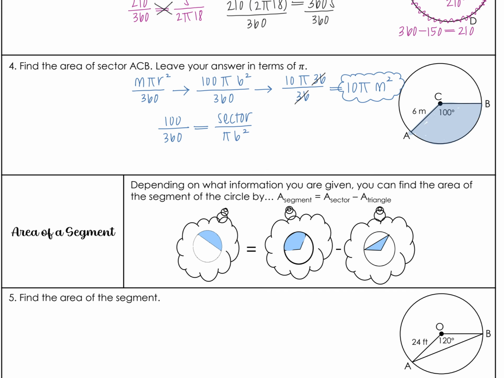Once again, I can cross multiply here, and I'm going to get that 100 pi 6 squared is going to be equal to my 360 times the sector area. Then I'm dividing by that 360.